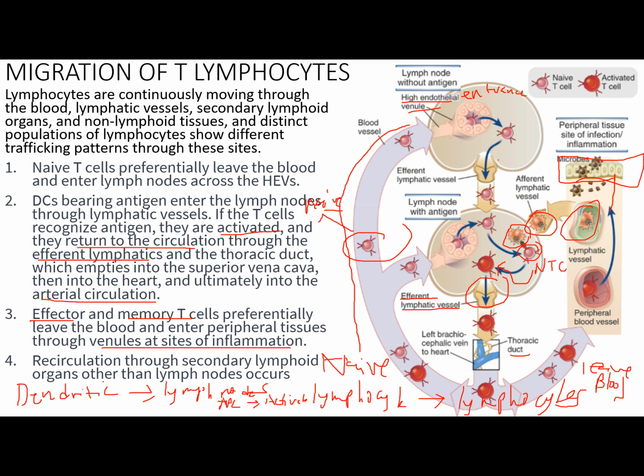Si activated T cell nyo naman would leave through the efferent lymphatic vessel, would go through the thoracic duct, to the cephalic vein, superior vena cava, and into the heart, and into the arterial circulation. Now, from there class, it would enter the peripheral tissue through venules at the site of inflammation. Then, it would also occur recirculation through secondary lymphoid organs other than lymph nodes. So, pwede siyang pumunta sa other lymph nodes class.